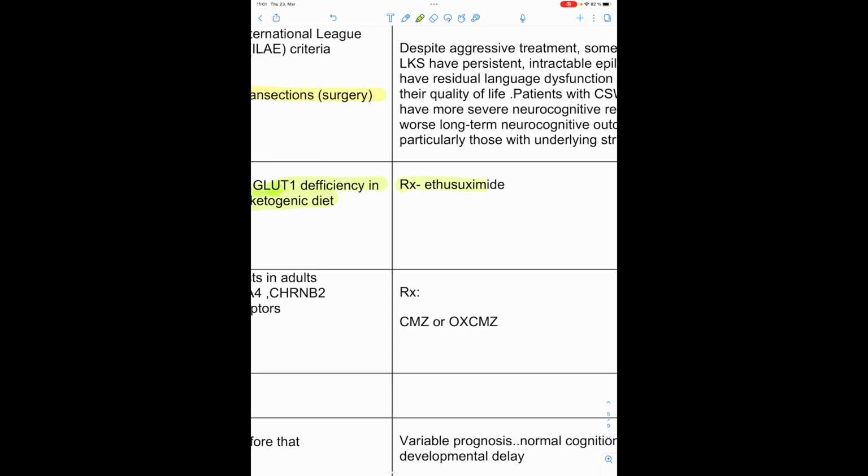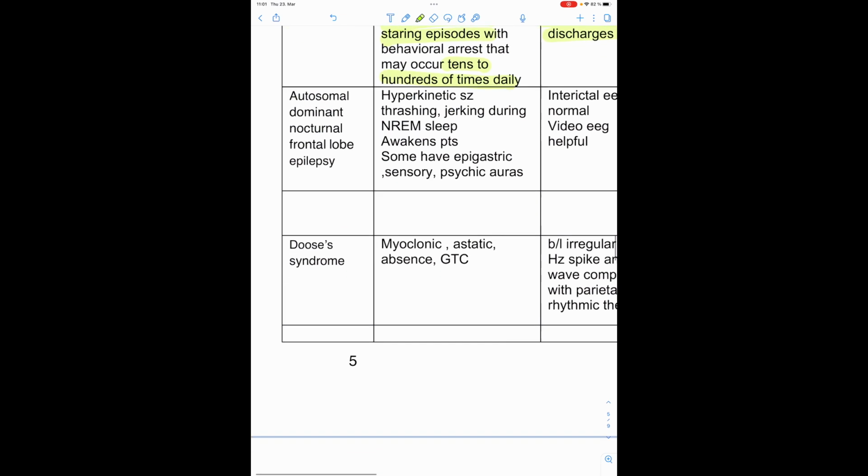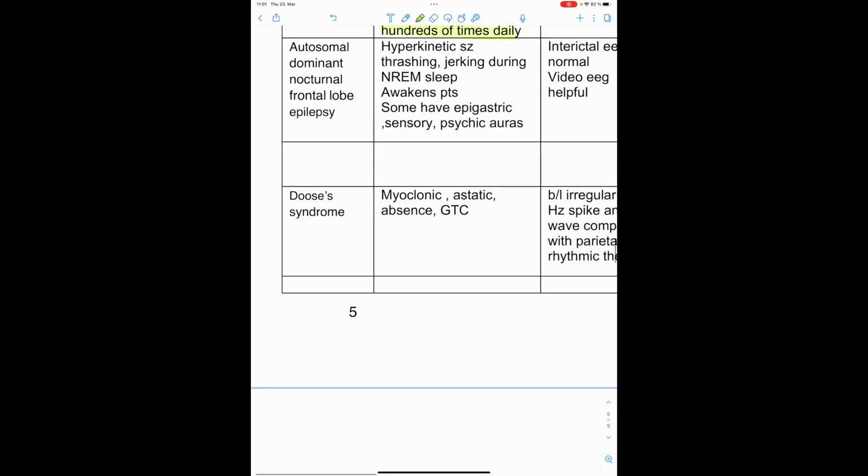Treatment is ethosuximide. Next is autosomal dominant nocturnal frontal lobe epilepsy. There are hyperkinetic seizures, so it is from genetics. Autosomal dominant nocturnal, nocturnal is at night, and it's frontal lobe epilepsy. Hyperkinetic seizure, thrashing, jerking during non-REM sleep, awakens patients.